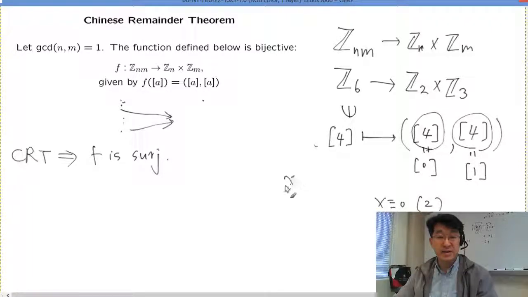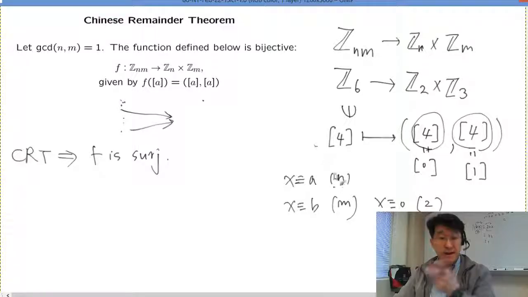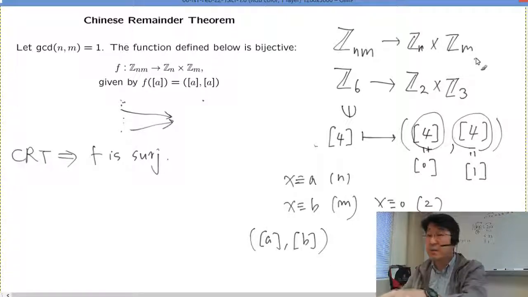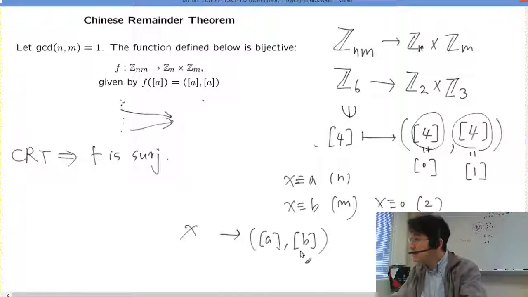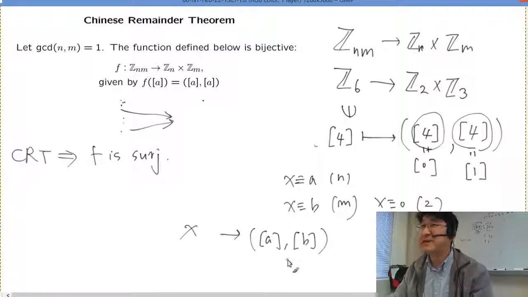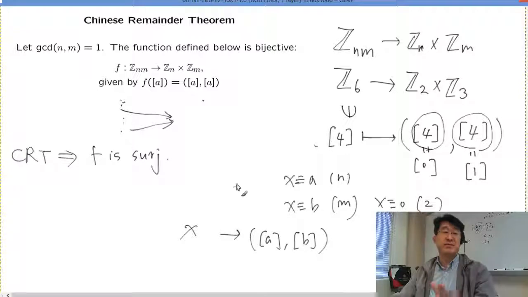Choose any element, X congruent to A mod N, congruent to B mod M, right? Then that corresponds to class A in Z mod N, class B in Z mod M, right? But there is always something out there hitting that if it is surjective, right? So surjectivity is proved by the Chinese remainder theorem.